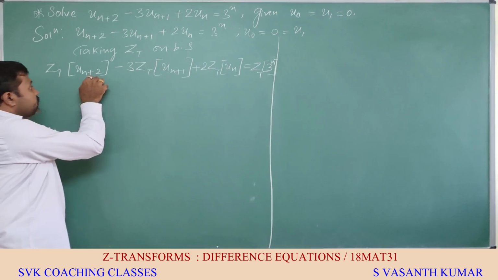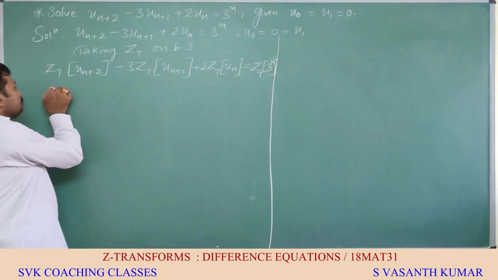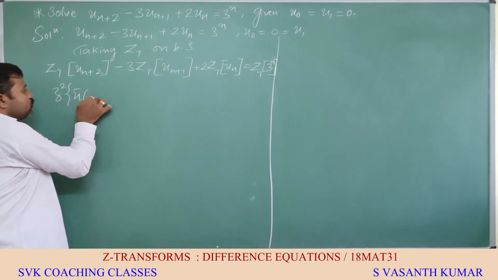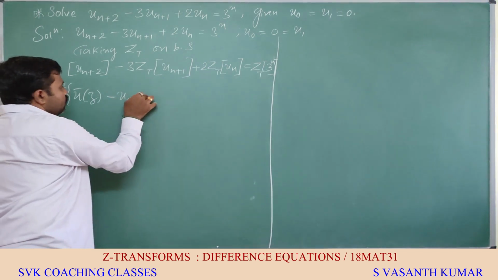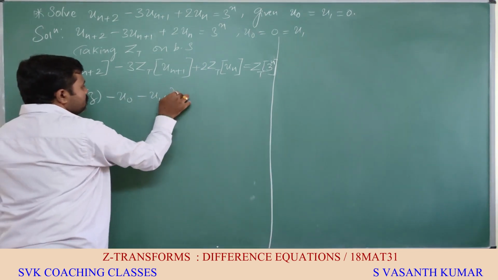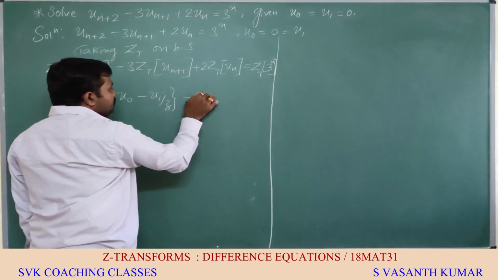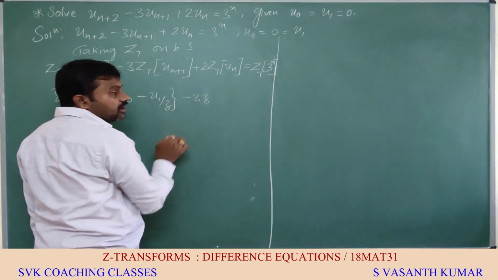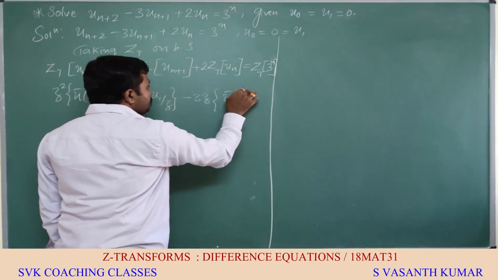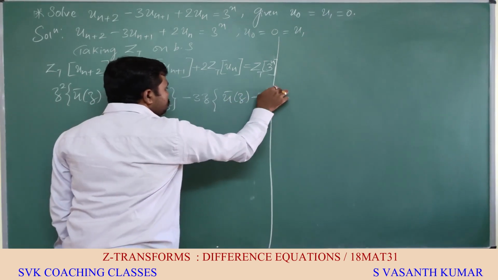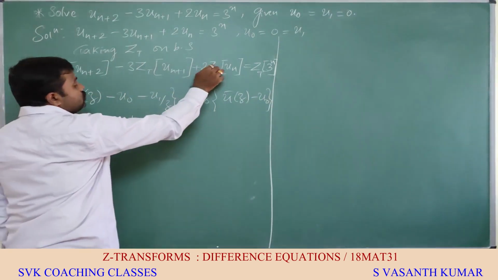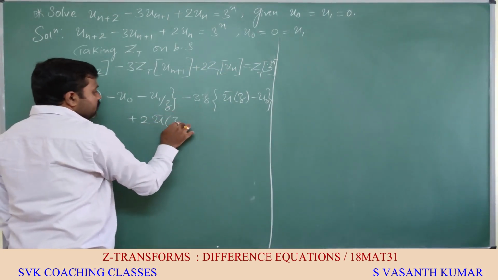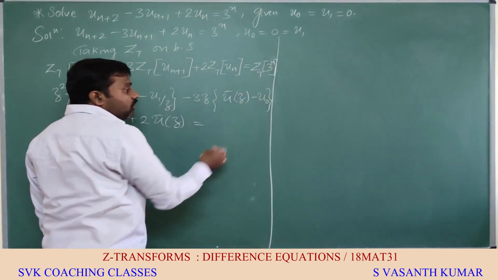So now applying the definition of Z transform of un plus 2 is z square into u bar of z minus u naught minus u1 by z, minus 3 times of Z transform of un plus 1 is nothing but z into u bar of z minus u naught, plus 2 into Z transform of un, which is u bar of z, equal to Z transform of 3 power n.